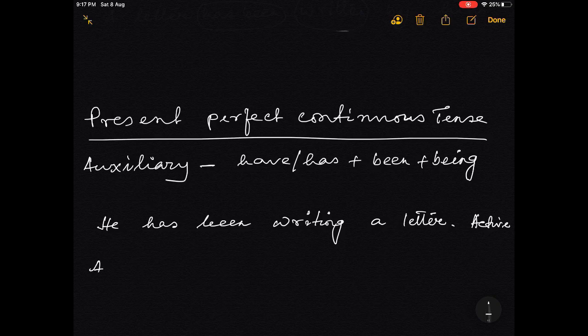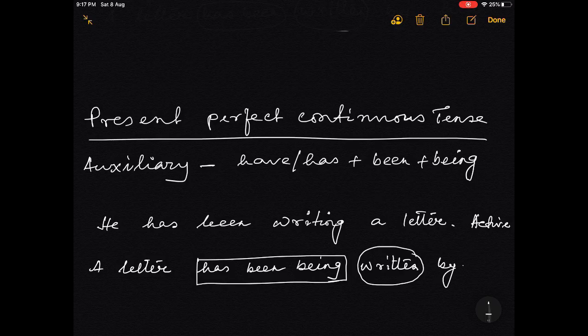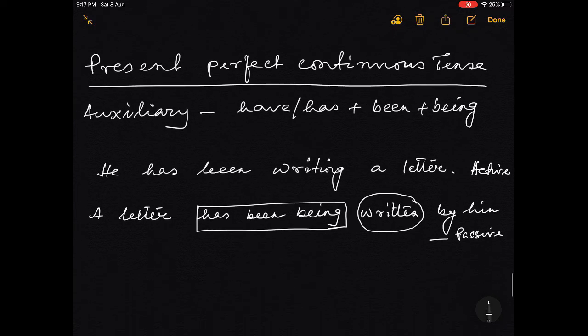It will be a letter has been being written everywhere, written the past participle form of the verb, written by him. That is passive. Okay.